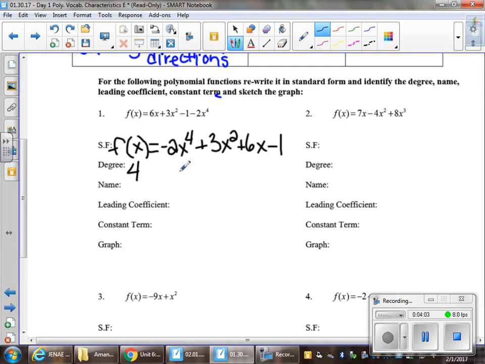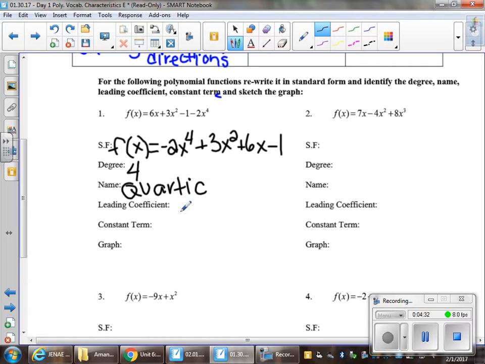Why is it 4? Because it's our highest exponent, our greatest exponent. What is the name of this polynomial? It could be helpful to have your flashcards out so you can refer back to them. What is it? Close. Quartic. Quadratic, it would be if the degree was 2. The largest degree was 2.